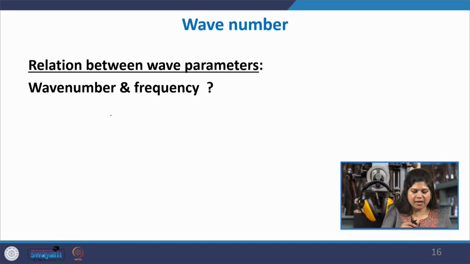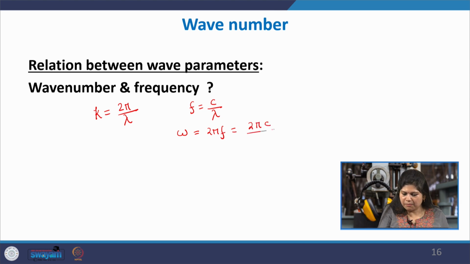Wave number k is what? 2 pi by lambda. And frequency is what? f is equal to c by lambda. So, the angular frequency is 2 pi f, which becomes 2 pi c by lambda. So, this means k is what? This entire term here is k.